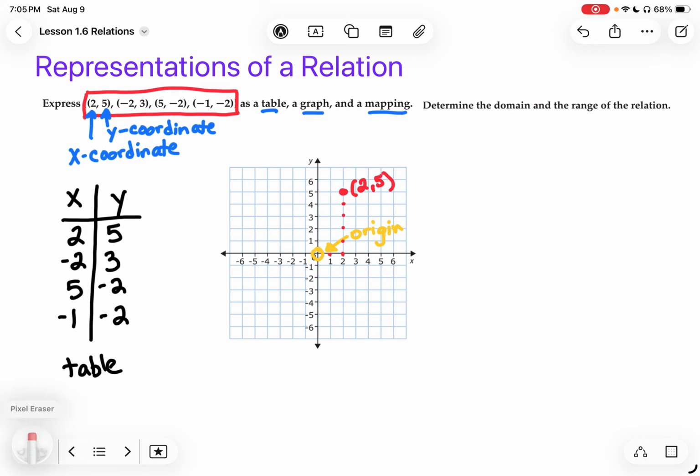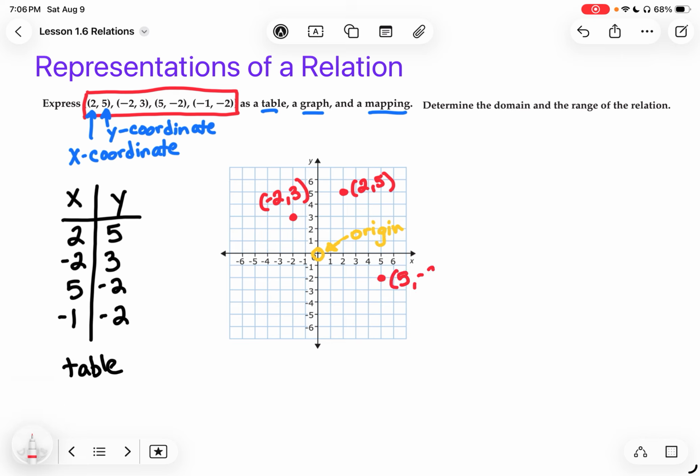Then I'm going to go ahead and erase these marks that I made right there. There's 2, 5. Great. Okay, so then we do negative 2, 3 for our next one. So back to negative 2 on the x-axis, 3 on the y-axis, and there is negative 2, 3, like so. Perfect. Okay, 5, negative 2 is going to be over here.